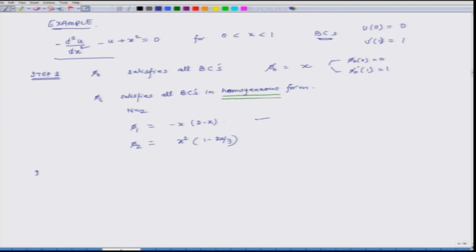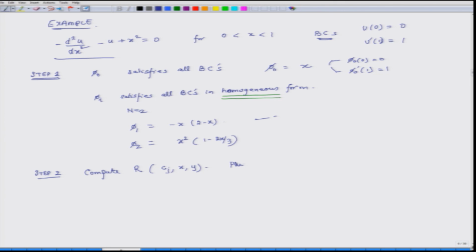Then our next step is to compute R. R is the residue and this is a function of C j, x and y.